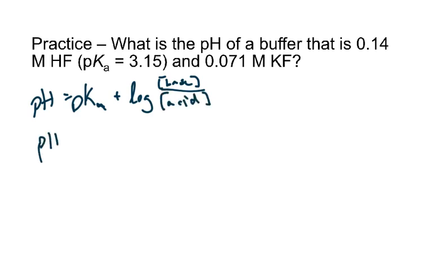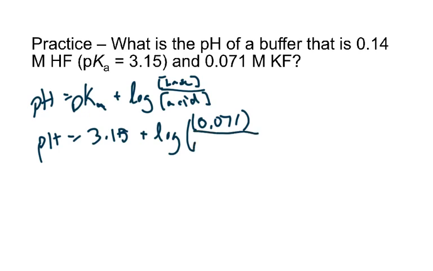So my pH is going to be 3.15 plus the log of my base concentration, 0.071, divided by 0.14. So my pH is 2.86. Again, it makes sense that it goes down because it's higher in hydrofluoric acid than it is in fluoride.